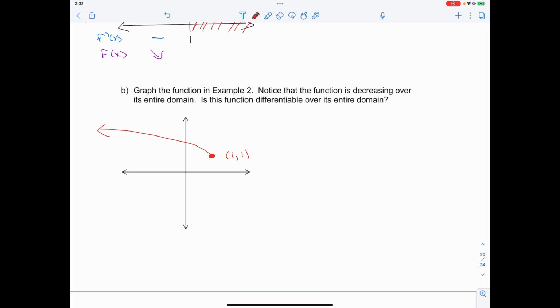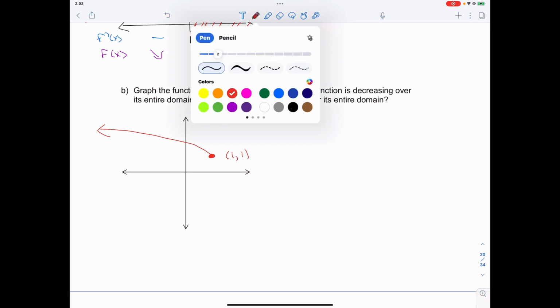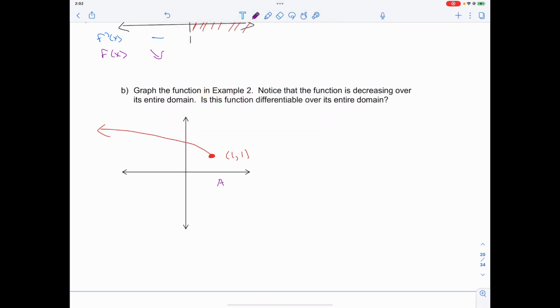So it does have an absolute minimum value of 1 at x is equal to 1, but that is at an endpoint.